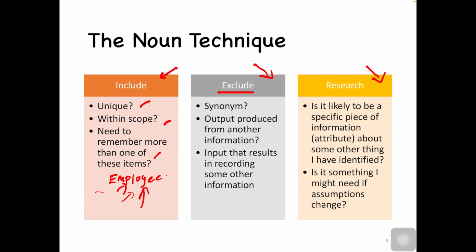Okay, what are the nouns that should be excluded? Maybe a synonym of another noun that has been included. If it is a synonym, we will exclude it. And if it is output produced from other information, we need to exclude it. Or is it an input that results in recording some other information?